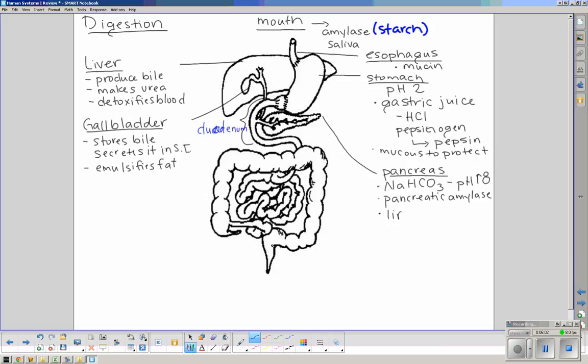Lipases are secreted. Lipase breaks down lipids, and bile helps emulsify them or split them up. Proteases. These are different kinds of enzymes that break down different parts of proteins. Also part of this group is peptidases.